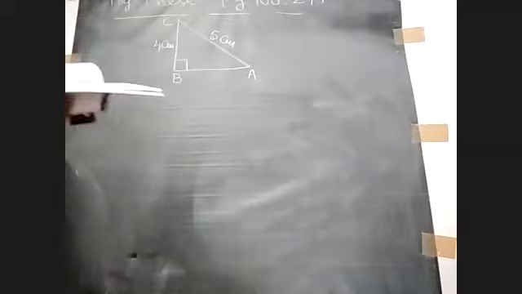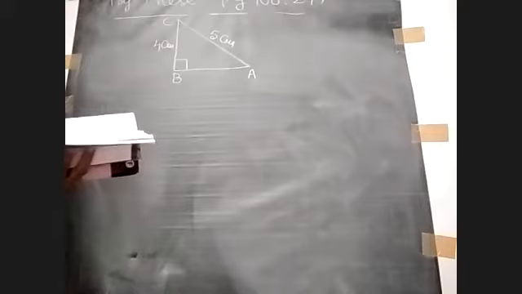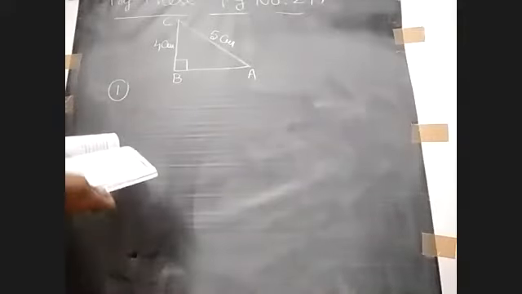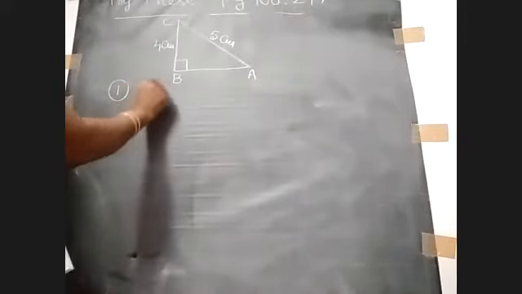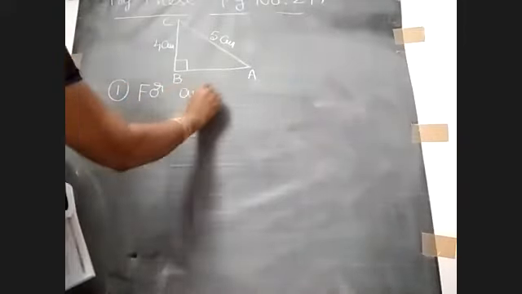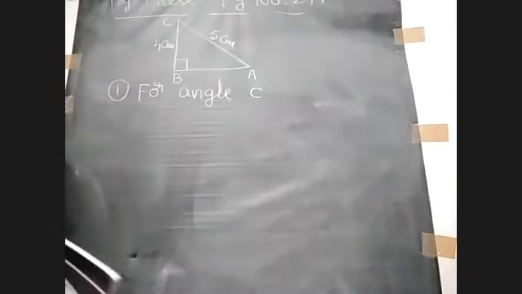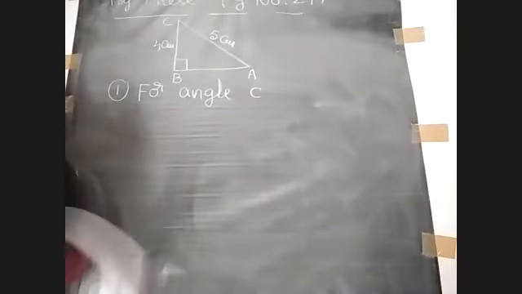Now we have to find the lengths of hypotenuse, opposite side and adjacent side for the given angle. So what is our given angle? First one, for angle C. So we have to find the lengths of hypotenuse, adjacent side and opposite side for angle C.